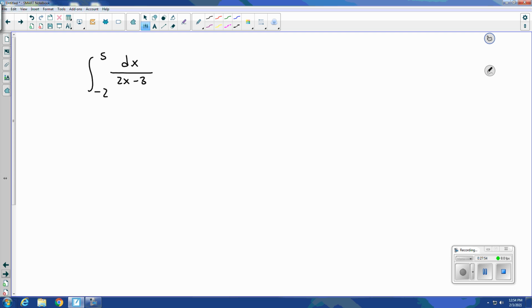So last question. This one, it's actually not a bad idea to use the reverse chain, but let's use a u substitution here as well. There's not a product, but there's a composition. So let's set u equal to what's inside, and there's only one thing here.